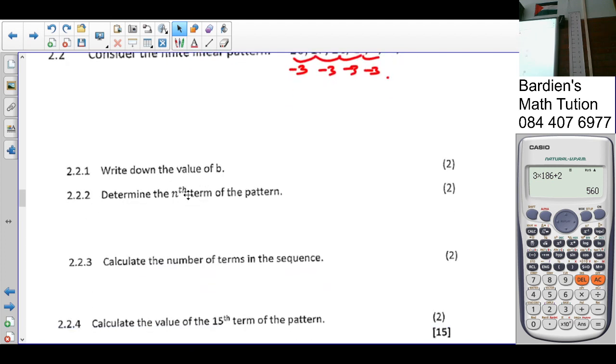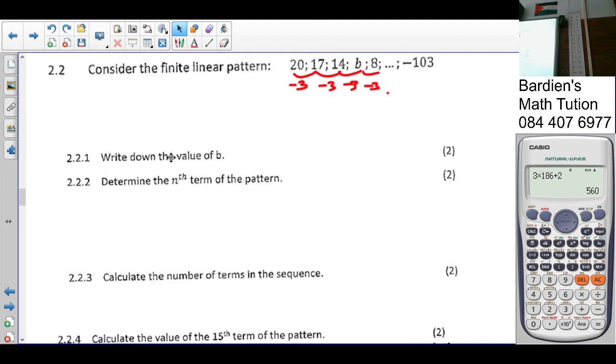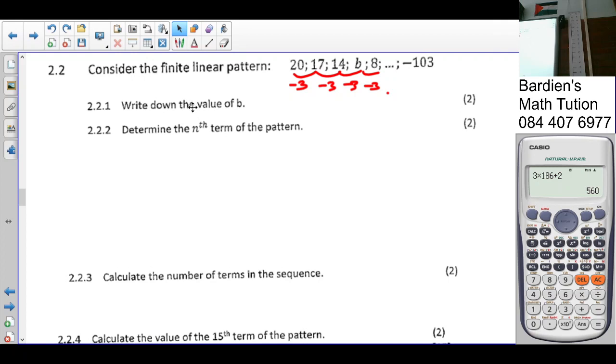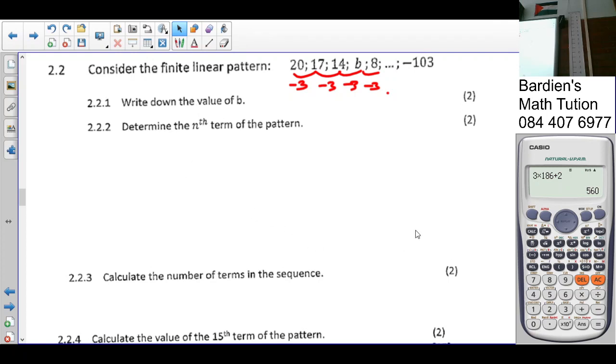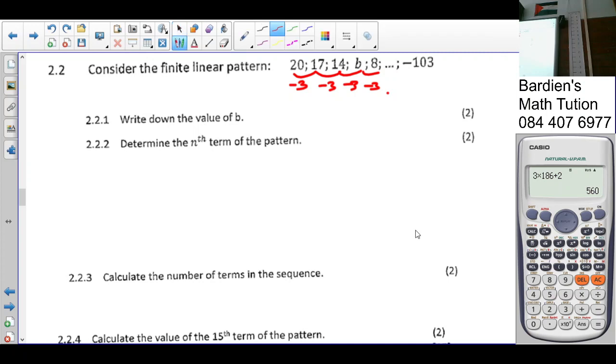Got 8 minutes left, so we need to wrap this up here. So the first question says, write down the value of B. Now that is simple. What's the value for B? 14 minus 3 is 11.